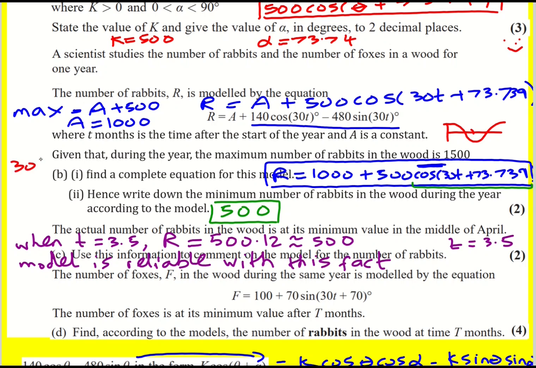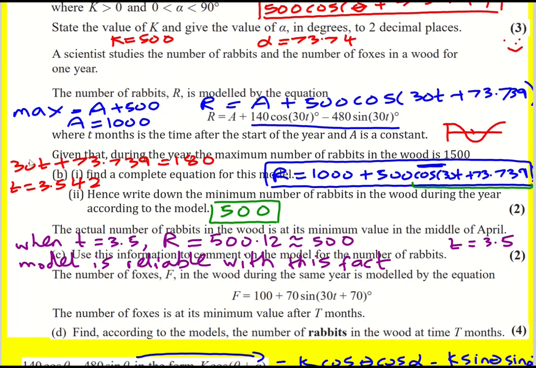So we could solve 30t plus 73.739 equals 180. Then do 180 minus 73.739. That gives 106.261. Divide by 30, and we get t equals 3.54. So again, it's just around the midpoint of April, just after the middle of April. So that's another way you could have done that question.